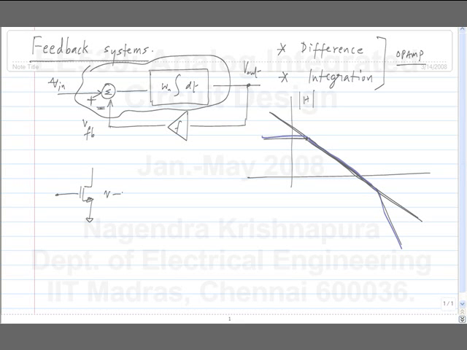This gives us voltage to current conversion. An incremental voltage at the gate source gets converted to an incremental drain current, and that is passed through a load which will give you I to V. So, finally, you have an amplifier with a voltage input and voltage output.